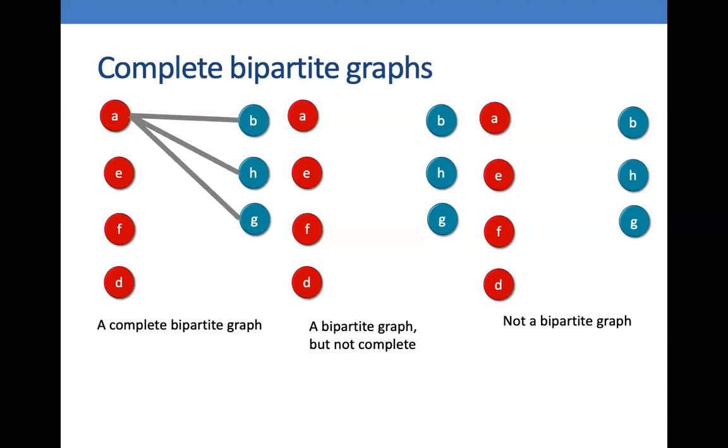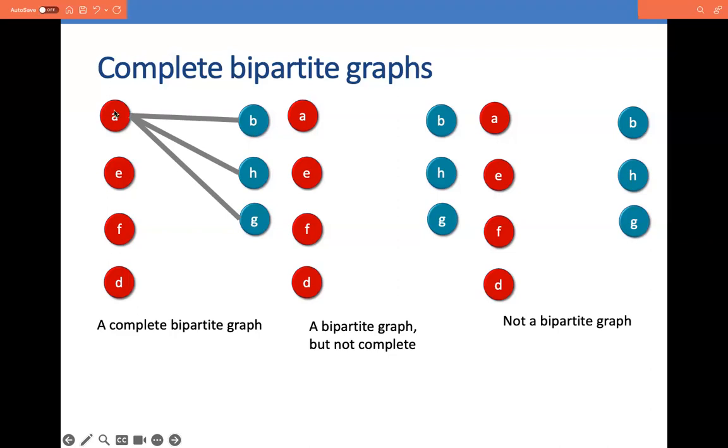So this is an example of a complete bipartite graph. In this case, all these vertices A, E, F, and D are not connected at all. The same with the vertices belonging in B, H, and G. They should not be connected, and the edges that we should have should only be edges that connect a node from this set to this set.